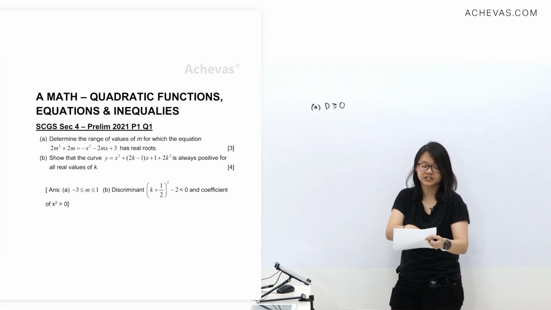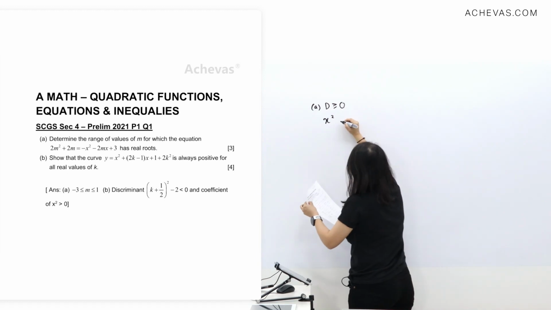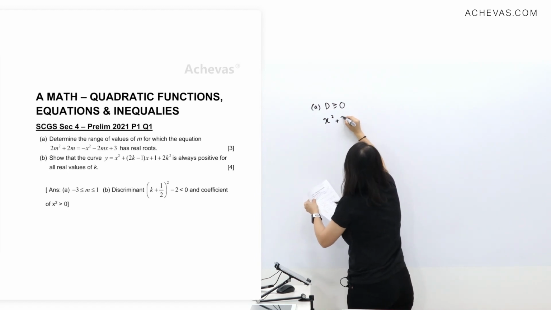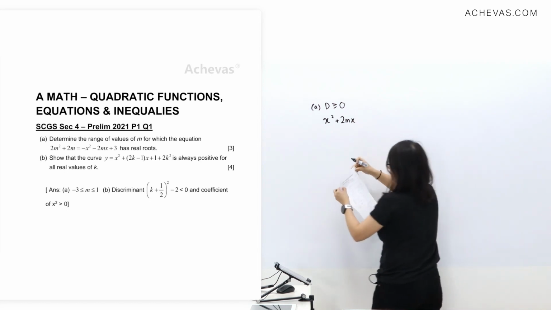So I'm going to rearrange everything to the left so that I also arrange them in order. Okay, so that easier for you to get A, B, and C. I'm going to arrange x squared first, followed by the x value.